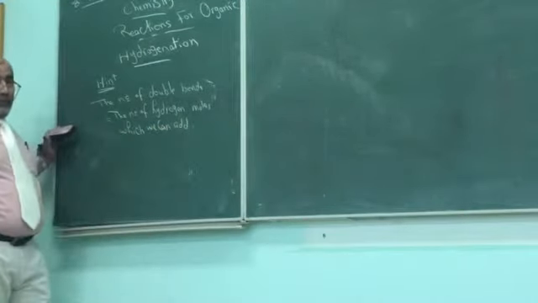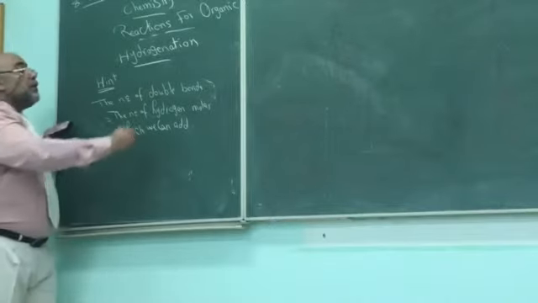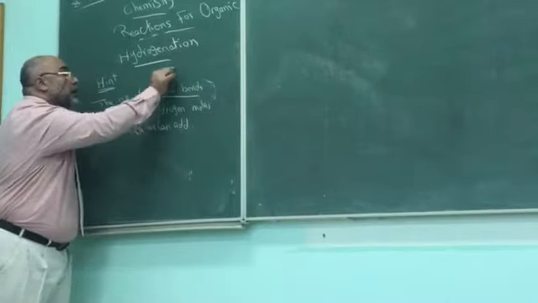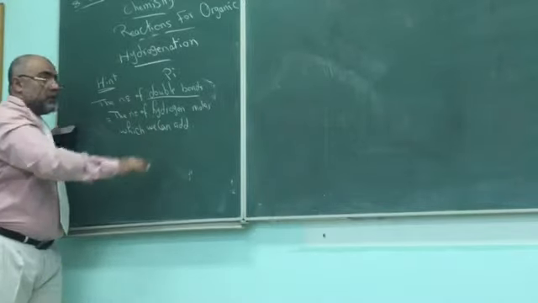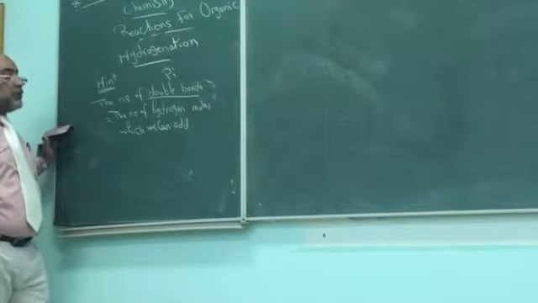By another way, the number of pi bonds equals the number of hydrogen moles, or moles of hydrogen, which we can add.